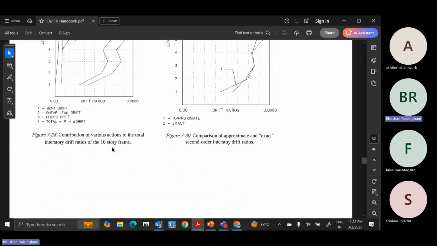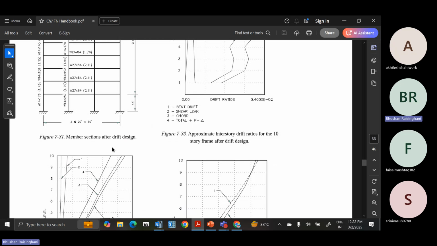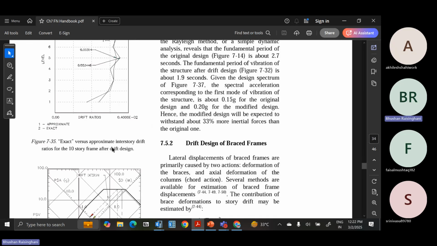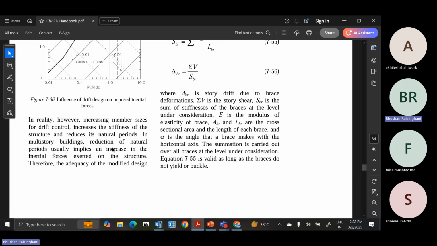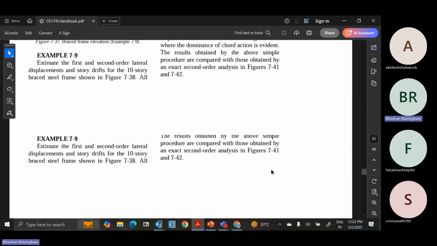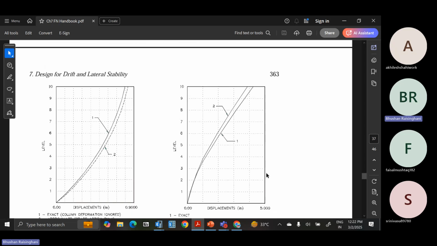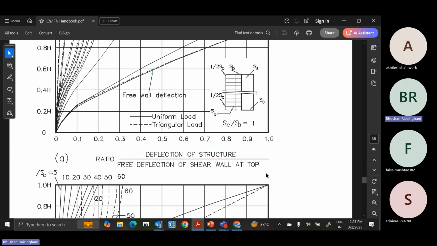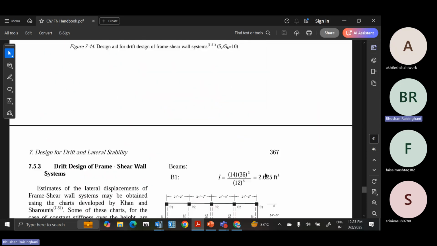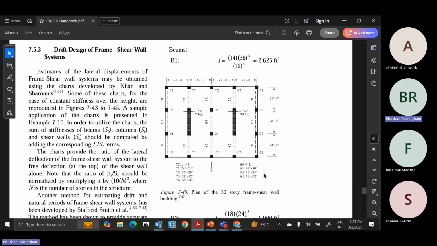So this is all in higher requirements. You have to understand, but the minimum you have to do is for P delta, what I showed you for P delta analysis, that is more critical. However, this document has many other things that you should know in analysis of the high-rise buildings or the tall buildings, which are related to drift. So drift design of the frame shear wall systems, this is very critical.